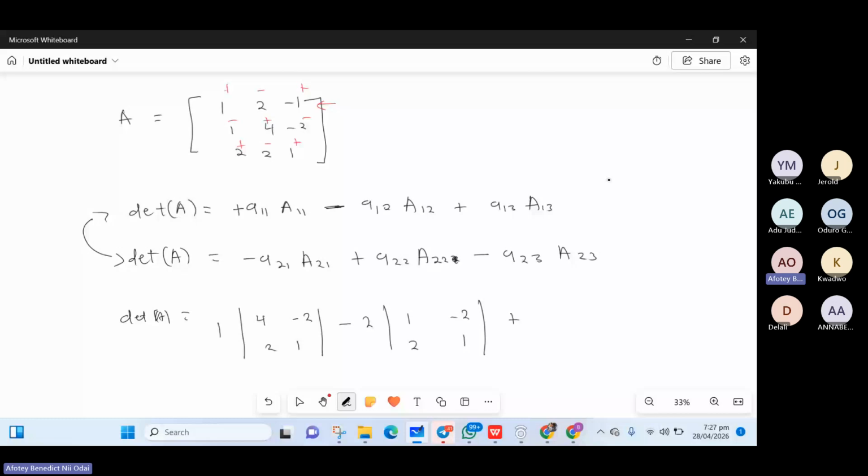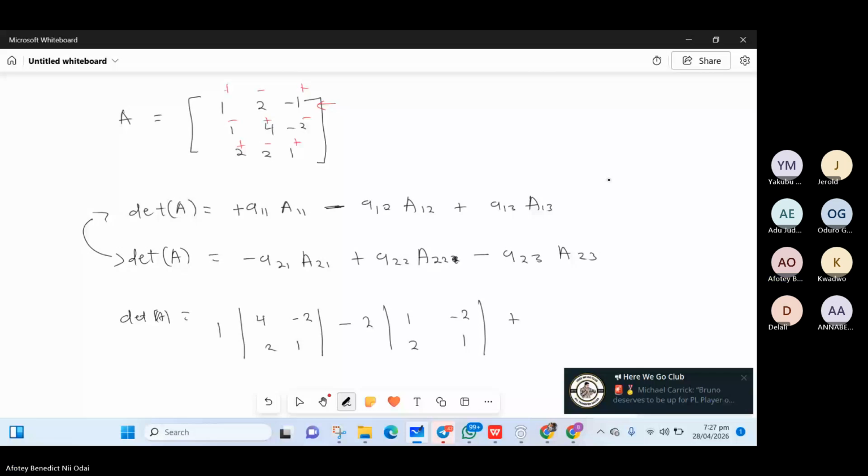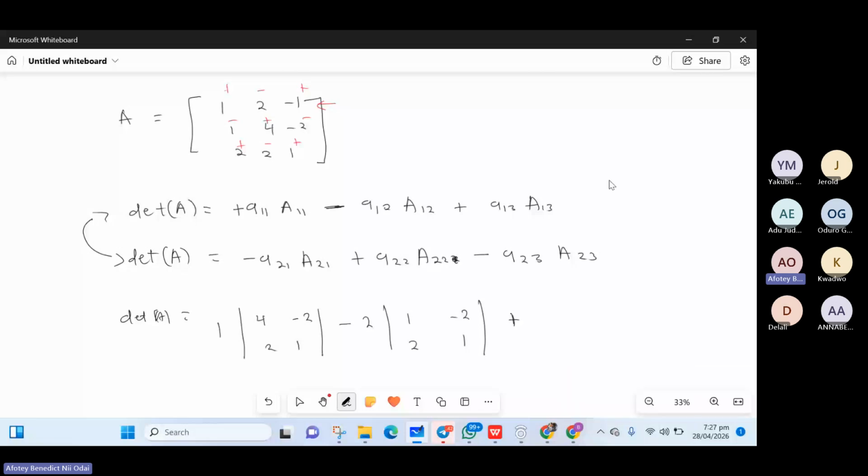And because -1 is already negative, this positive goes to negative, because you have plus -1. So we just use the negative directly. Then we have the matrix of minors, which is 1, 4, 2, 2.